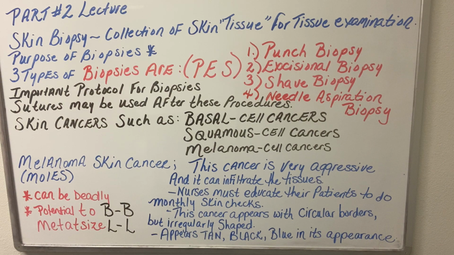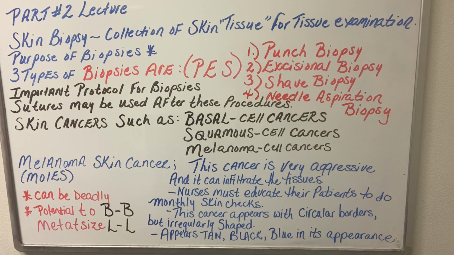You'll see I have skin biopsy up here talking about the collection. And that is what a skin biopsy is. The physician actually goes in and does a collection of the skin tissue, mainly so he can do a tissue examination. He wants to examine the tissue to look for any type of malignancy, looking for cancerous cells that can possibly be a part of the lesion that he's looking at on that patient's skin that appears to be abnormal.